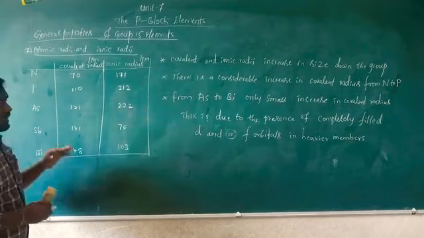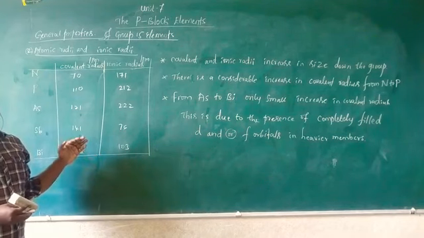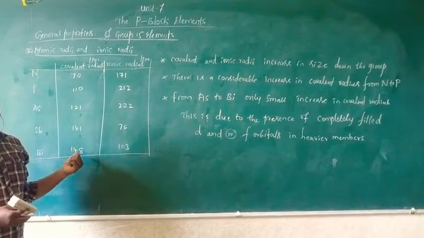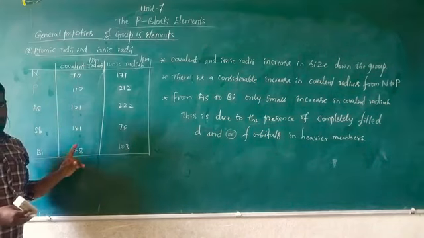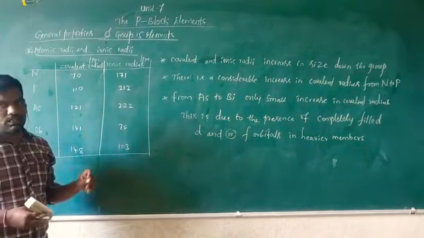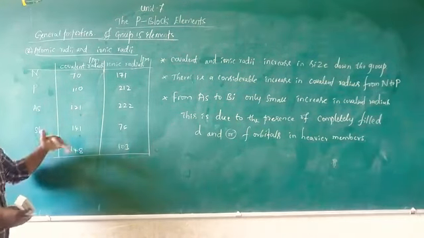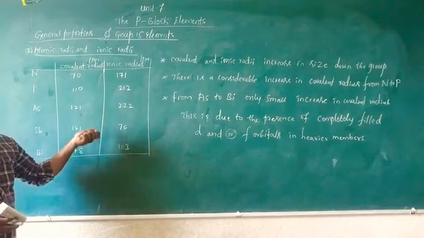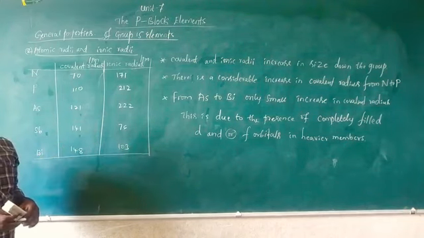Why is this happening? Because of the presence of completely filled d orbitals or f orbitals, which is observed when you see the electronic configuration of the group 15 elements. There are the heavier members with d10 and f14 elements also.